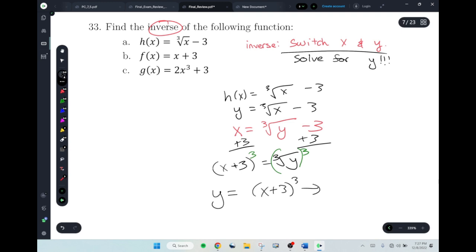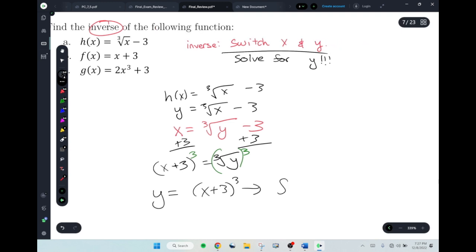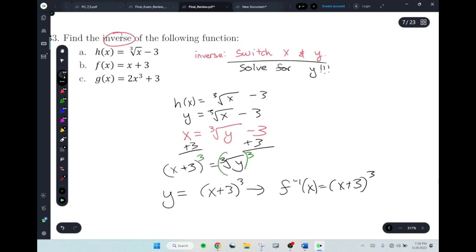On a test, that will probably look like this: f inverse equals x plus 3 cubed. But they mean the same thing. That is the inverse function of those. So you switch x and y and just solve for y, basically, is all you do. The other steps were change f of x to y, switch x and y, solve for y, change y to f inverse of x.